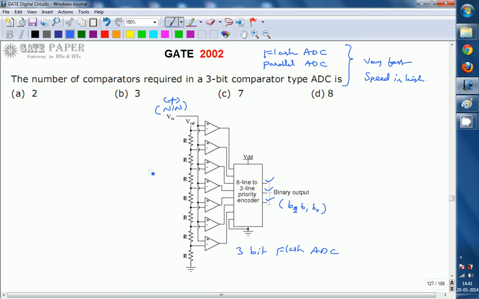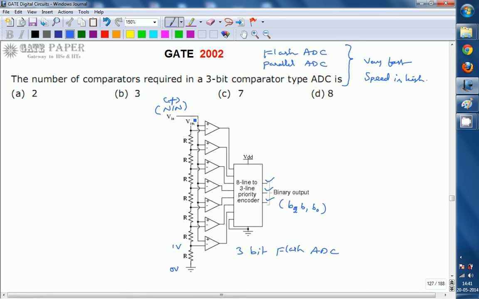The 7 identical resistors form a voltage divider. At the bottom is ground, that is 0 volts, and at the next node you get 1 by 7 of the reference VR.